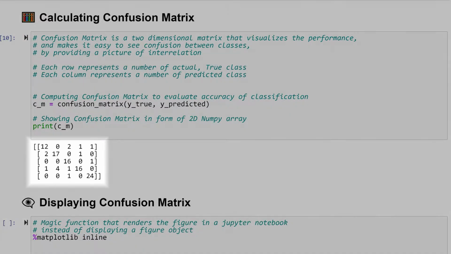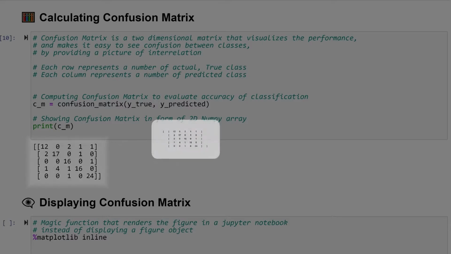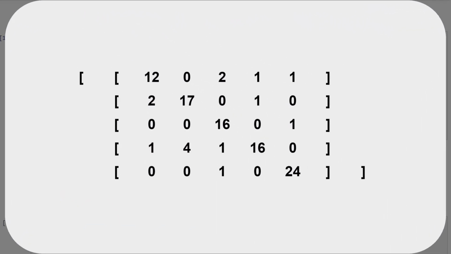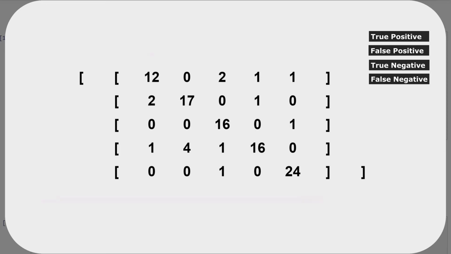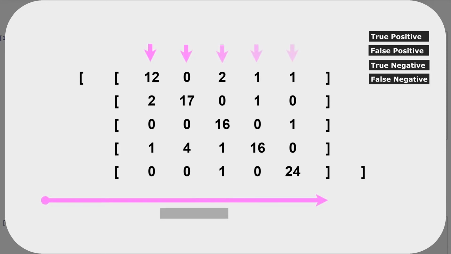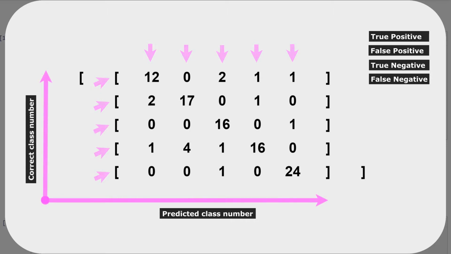The confusion matrix visually represents correct and incorrect predictions by the following 4 calculated numbers: true positive, false positive, true negative, and false negative. Each column represents an index of a predicted class. Each row represents an index of a correct class.